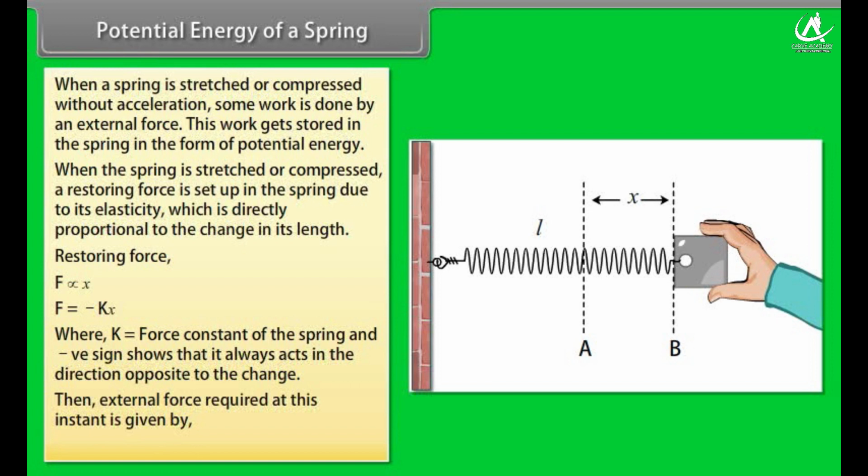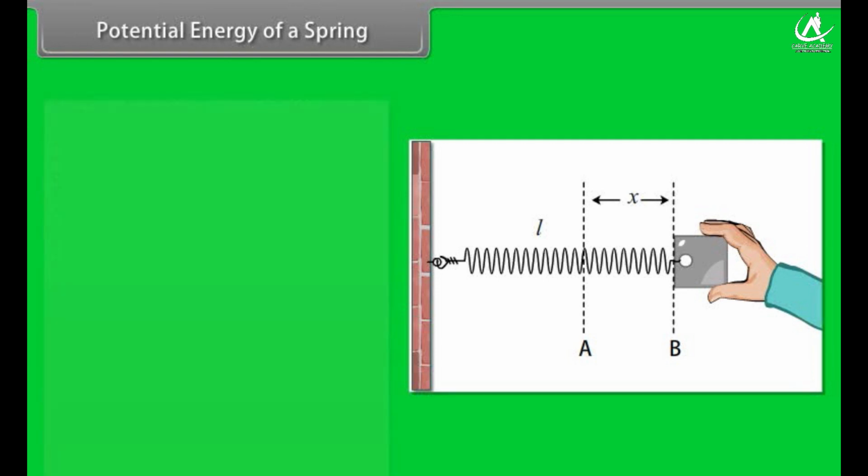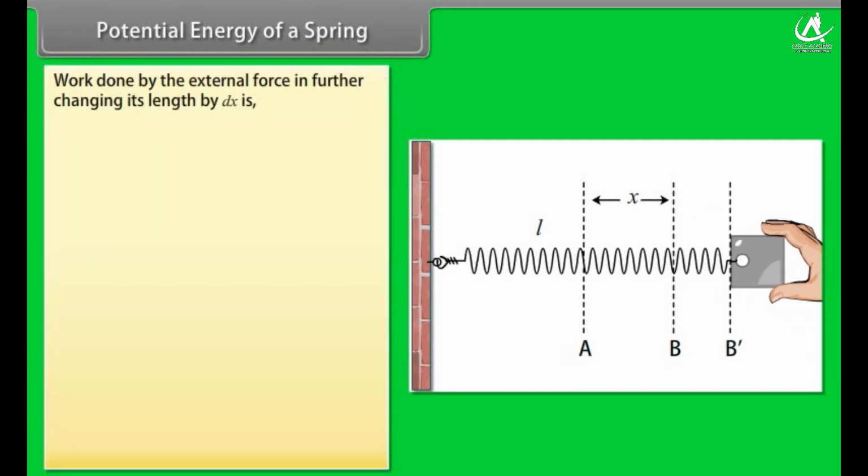Then the external force required at this instant is given by F is equal to kx. Work done by the external force in further changing its length by dx is dW is equal to the dot product of F vector and dx vector, or dW is equal to kx dx.